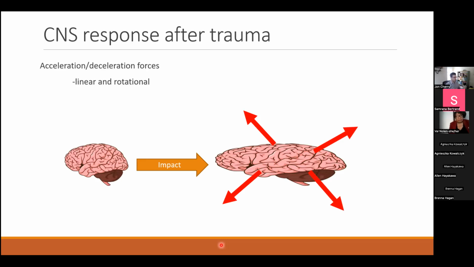Now, I'm talking mostly about American football here, but it can be applied to a lot of other sports. That quick motion back and forth if you get hit with a tackle is causing the brain to twist and contort. It's under tremendous forces, linear and rotational, over a short period of time that causes stretching in the brain, and it comes back together. That's pretty bad for the brain.